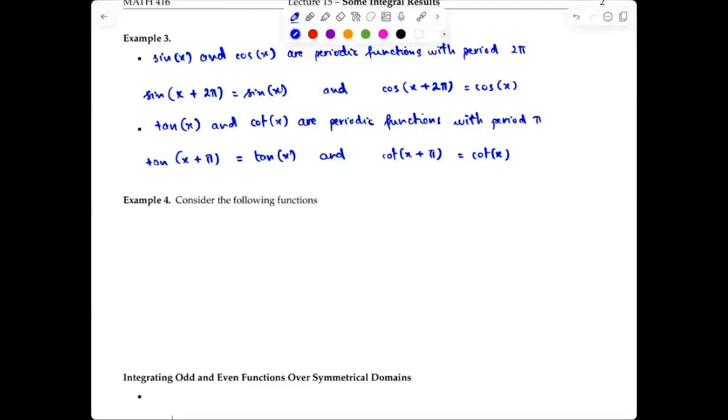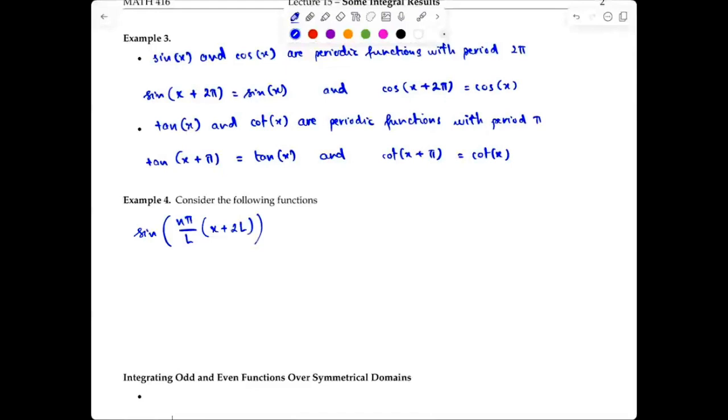Now, in the next example, I'm going to show you a function that may look rather complicated, but it's very useful for us later on in this lecture. So the first function I want to show you is the sine function: sine of n pi over L times x plus 2L. In the next lecture, when we encounter Fourier series, this type of sine and cosine function will make sense.